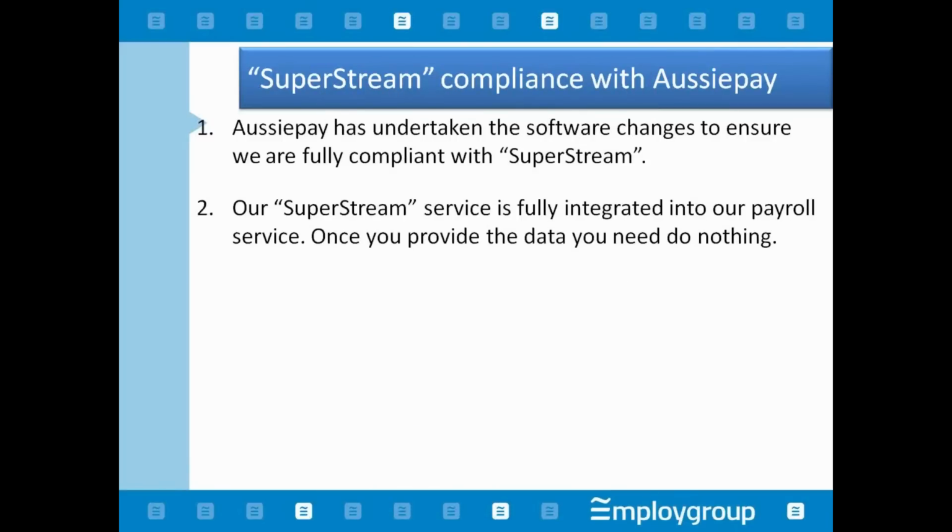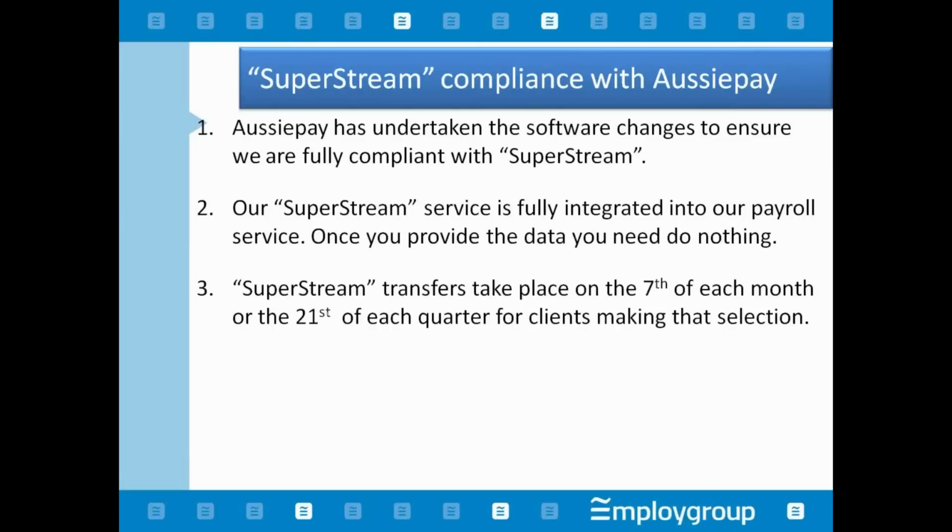Our SuperStream service is fully integrated into our payroll. Once you've provided the data, you've verified the payroll, and you've authorised us to complete the payroll, everything else is fully automated in our system. SuperStreams will take place on the 7th of each month for those clients who have selected monthly, and on the 21st of each month, each quarter, for clients who have selected a quarterly remittance.